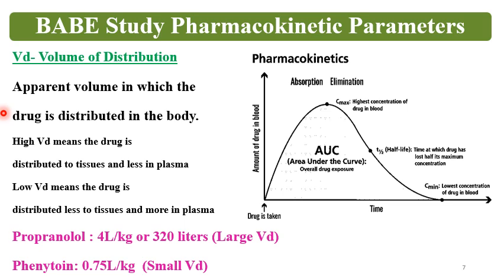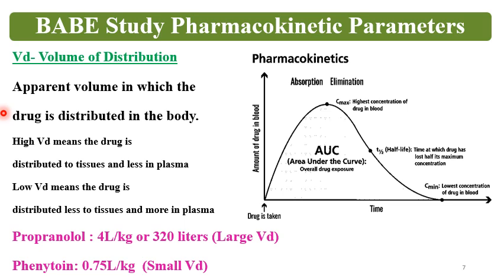I am just trying to explain in layman's language that if the drug during its distribution throughout the body is going into the fatty tissues or organs or binding to the proteins, then it will not be available in the plasma. Now VD is the apparent volume in which the drug is distributed in the body.